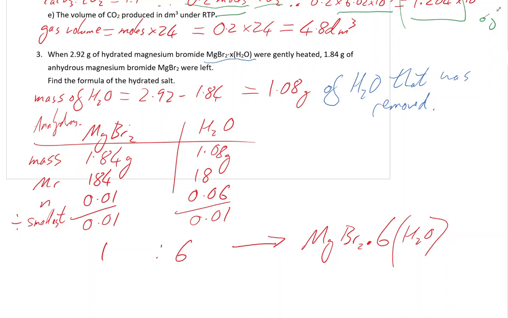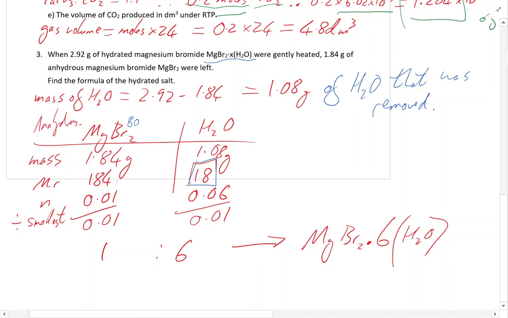So the mass of MgBr2 is 1.84, water was 1.08. If we divide by their Mrs, so you had to work out the Mrs, water is 18, and MgBr2 would be 24 plus 2 lots of 80, because bromine is 80, that would give you 184.